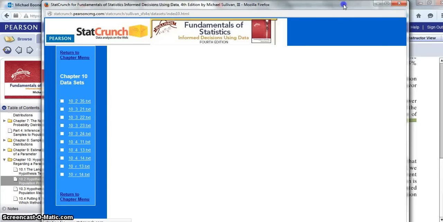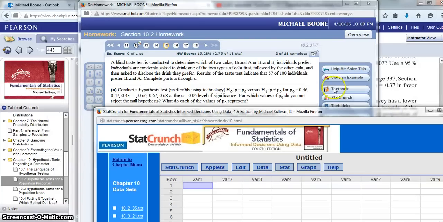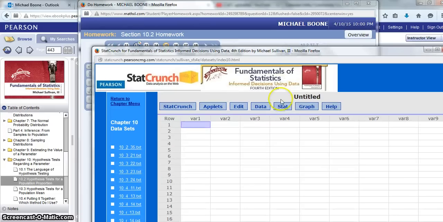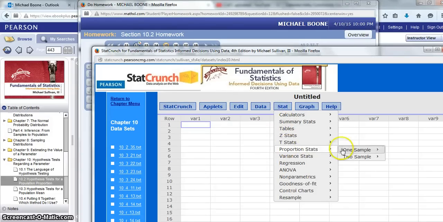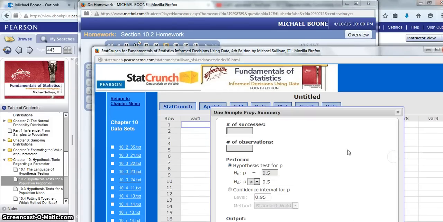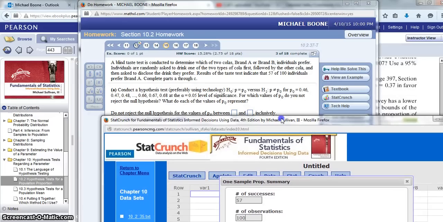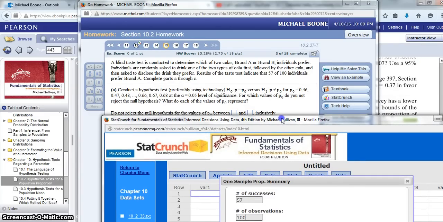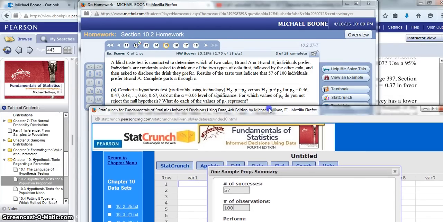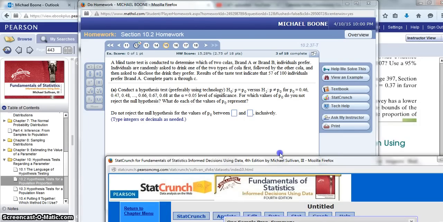In StatCrunch, we're going to plug in our values of 57 of 100 individuals, right? And so proportion stat was summary. We had 57 out of 100, which is 57%, right? But when we check it, I think the first one they said to check is 46, and then try 47. We're trying to find the values of p naught. Do you not reject the null hypothesis, right?